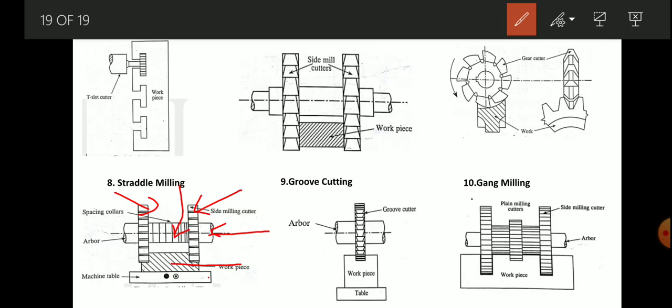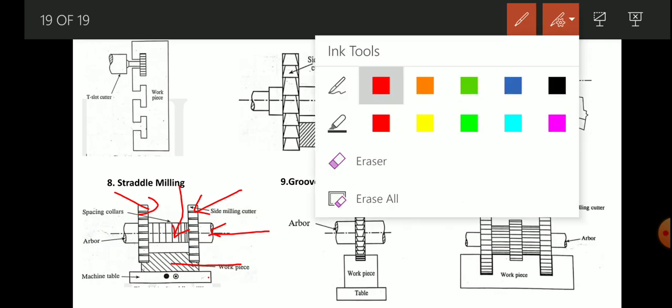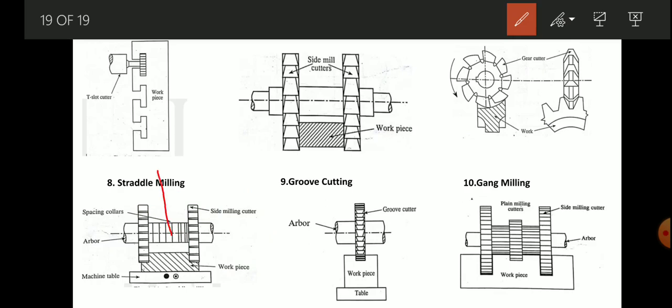This is the process of producing flat vertical surfaces on both sides of the workpiece using two side milling cutters mounted on the arbor. The distance between the cutters is adjusted using a spacing collar. Here we can see a spacing collar. It is commonly used to produce hexagonal or square surfaces.